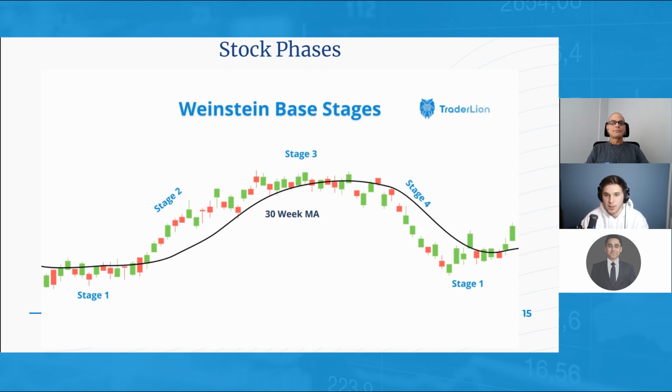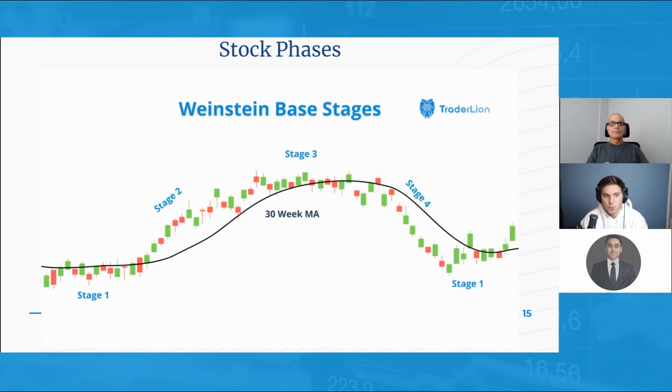From that point on, we can restart the whole process and go to a stage 1, or form another stage 3 and continue on with the stage 4. How we differentiate between the different stages or phases is using the 30-week moving average. That's what Stan Weinstein used. And on a daily chart you can also use a 200-day or 150-day, whatever suits your preference.